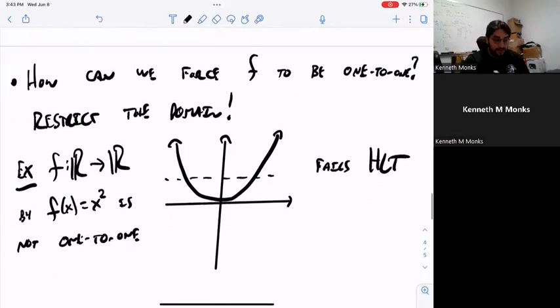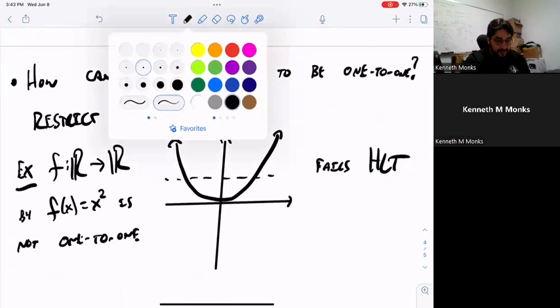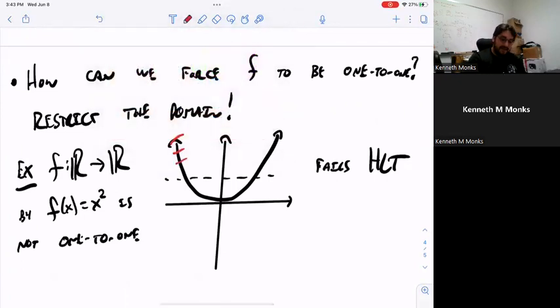So what do you do? Well, restrict the domain. Throw away half of the graph. And it actually kind of doesn't matter. You could keep just the right half or just the left half, or you can even keep just a proper subset of the right half or of the left half, but you have to throw away at least half.